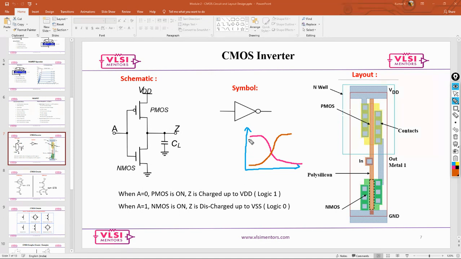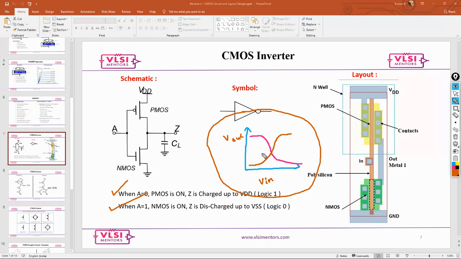This is going to be V out, and this is going to be V in. This is a waveform that you should understand, how the device operates, and you should be able to draw something like this. And now I want you to go back and draw a schematic for both NAND and NOR, then write the conditions of what is turning on and when, and then submit your assignments.